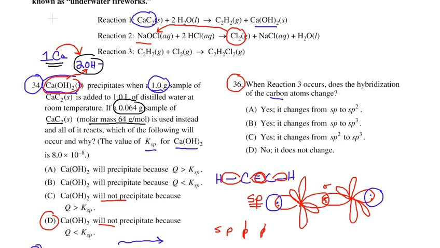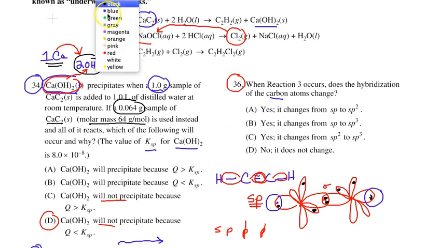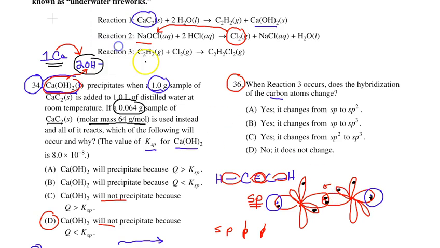So if you look at the valence electrons of the carbon, you'd have 1, 2, 3, and 4, and this other one would be 1, 2, 3. I'll make this 4, and then we'll do the pi bonds in pink, whatever.